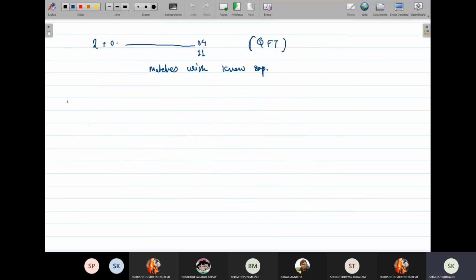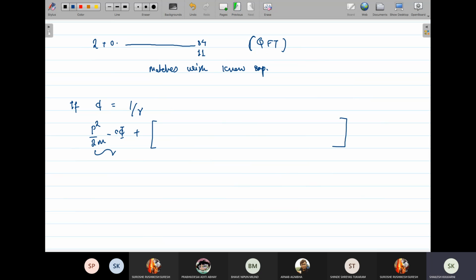If phi equals, say, 1 over r, then you will get p square by 2m minus V of r, which is just this phi.